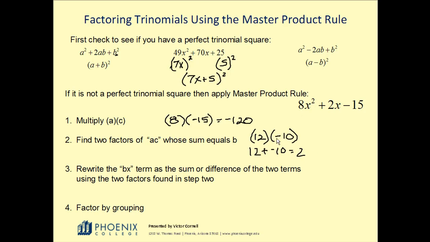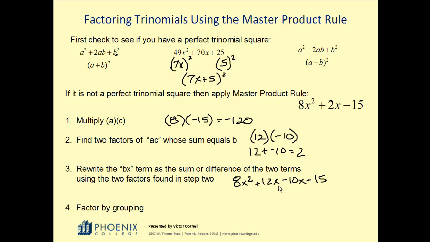So what I'm going to do is use these two numbers right here, and rewrite this trinomial into a polynomial of 4 terms. So I'm going to take the first term, which is 8x squared, and then the 2x, instead of writing 2x as 2x, I'm going to write it as 12x minus 10x. I'm using these two numbers, and then use the negative 15.